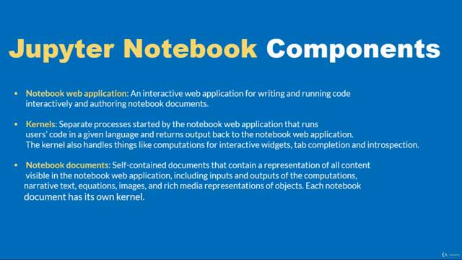It also includes narrative text, equations, images, it can also include videos, rich media representation of objects, and each of the notebook documents has its own kernel. So there is a kernel for Python, there's a kernel for other programming languages as well.